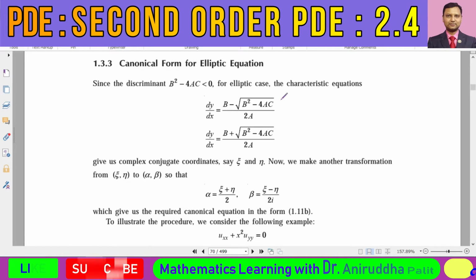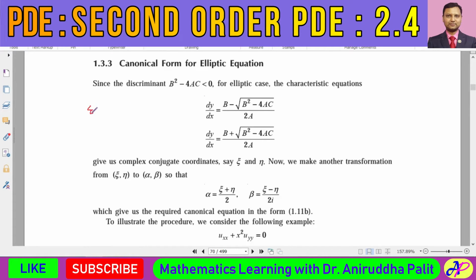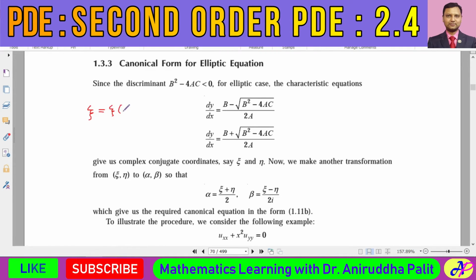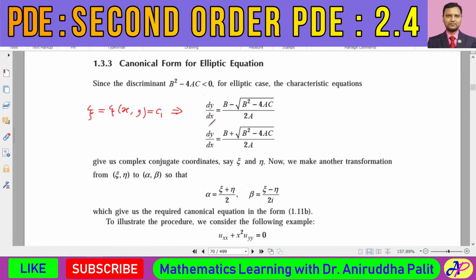And we already proved in these results that if we have a transformation chi of x comma y equal to some constant c1, then from this relation we get this derivative dy dx.